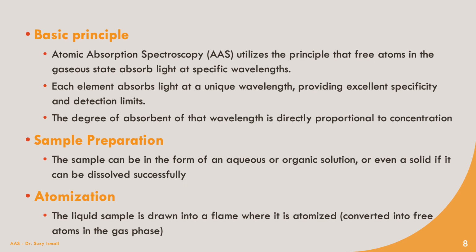And the more light being absorbed at that wavelength, the more of that element is present in the sample. That is Beer's law, right? Remember that. So the absorption level is directly proportional to the concentration of the element. Again, this is another basic principle of AAS that has a similarity with the UV-Vis. Elements have their specialty in absorbing only certain wavelengths.